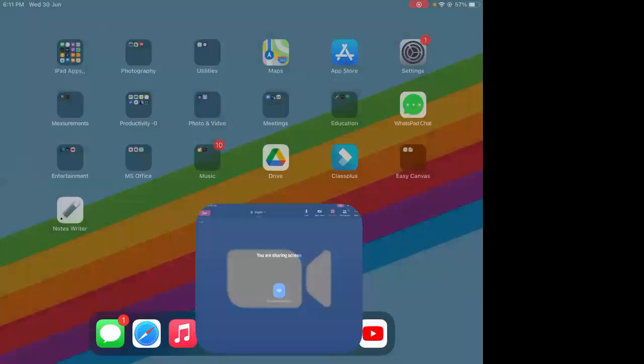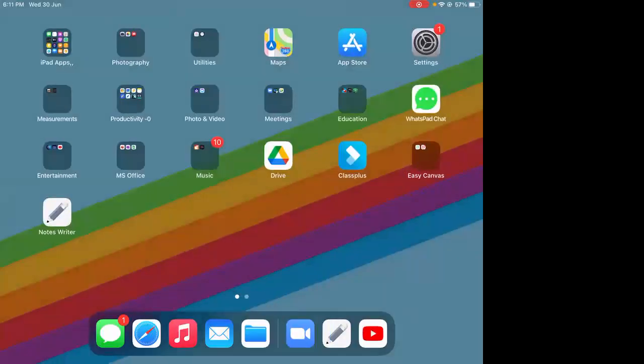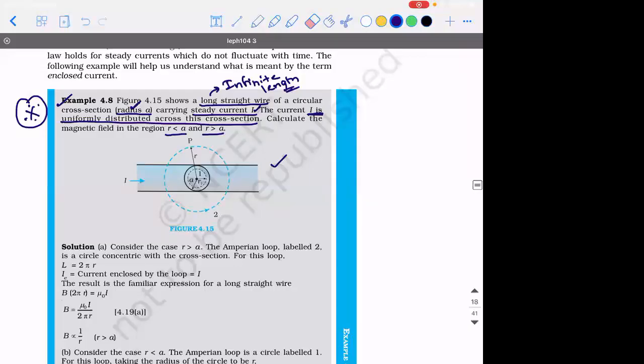So, if you read the question carefully, the current is distributed over the cross-sectional area. Then we need to calculate the magnetic field in the region where the value of r is less than a and the value of r is greater than a.